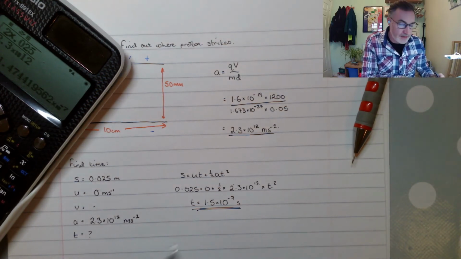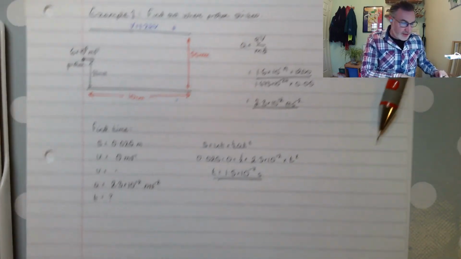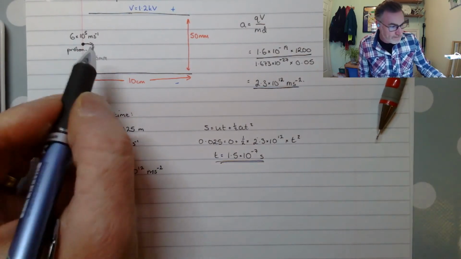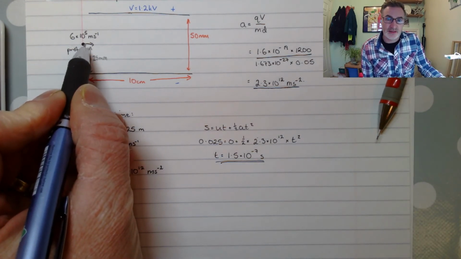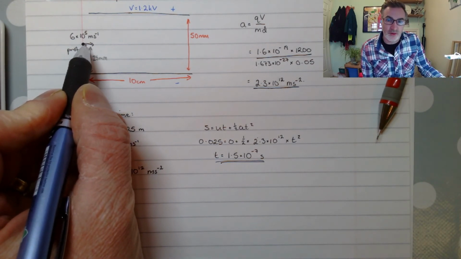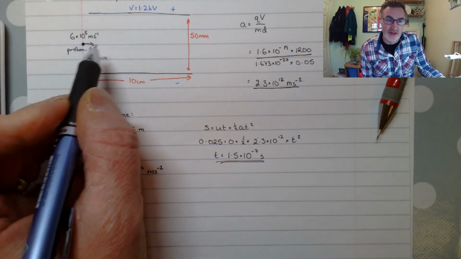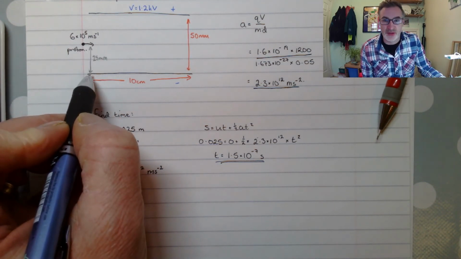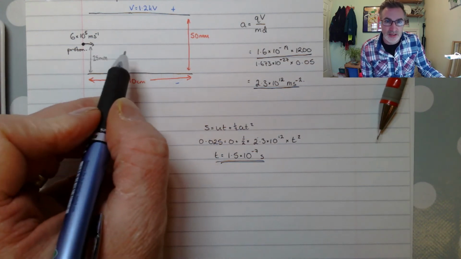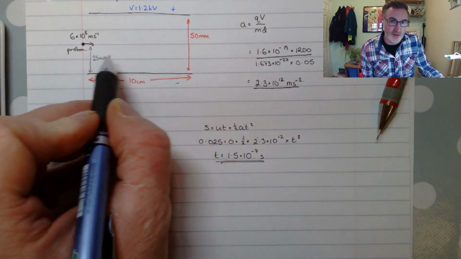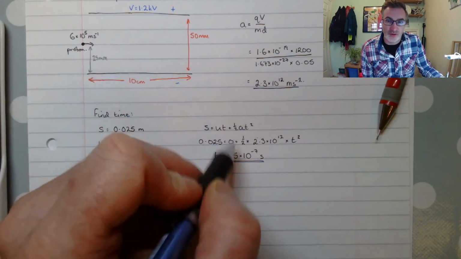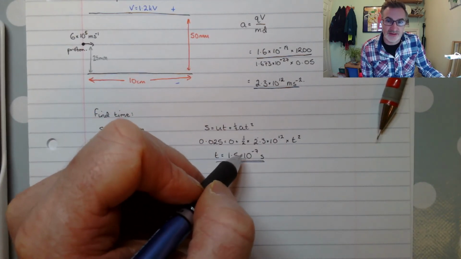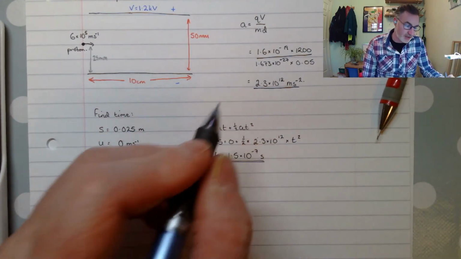So really, really tiny time. It's going to be traveling for 1.5 times 10 to the minus 7 seconds. Now what we want to know is where it is going to be horizontally after traveling for 1.5 times 10 to the minus 7, so 0.15 microseconds.